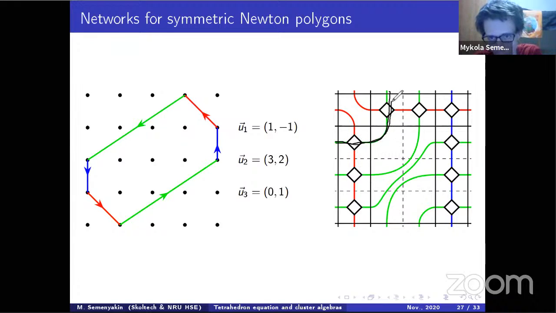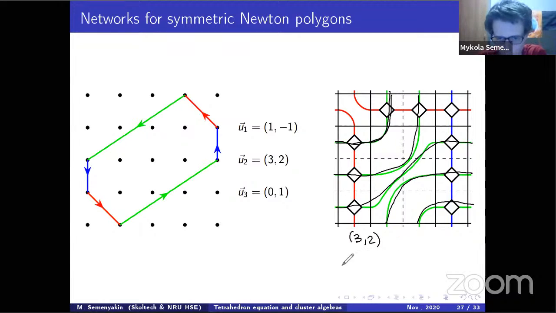So I go along here, then here, then here, and here, and here. It's very long, and it's easy to see that its class is (3, 2) in torus homology, and I have to double it and also add the path with the opposite class in homologies, (-3, -2).